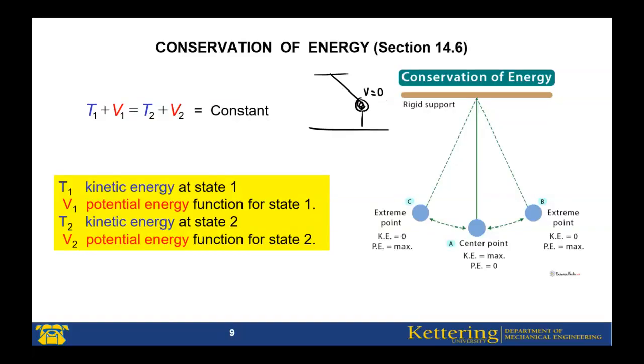Then this height, if I measure it h, for example, from this ground or this datum line, this pendulum has a mass of m. If I release this pendulum and it reaches this point, it has a maximum velocity.